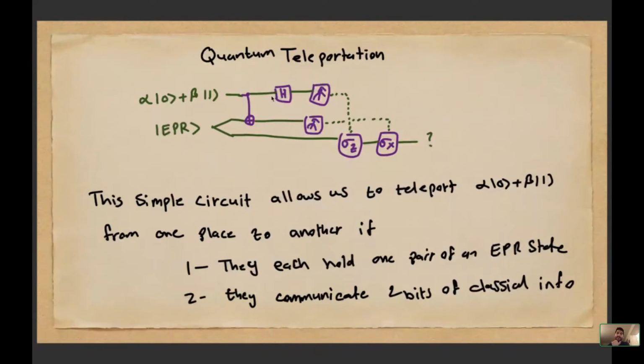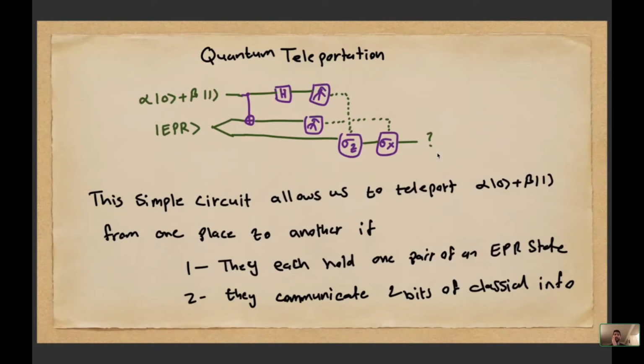It applies a Hadamard to the first one, and then it measures these 2. Then, if the measurement of the first qubit is 1, it will apply a Pauli Z on the third qubit. And if the measurement of the second qubit is a 1, it applies a Pauli X on the third qubit. And that's it. I claim that if you implemented this very simple circuit on these 3 qubits, the outcome, down here, is going to be exactly alpha 0 plus beta 1, with probability 1.